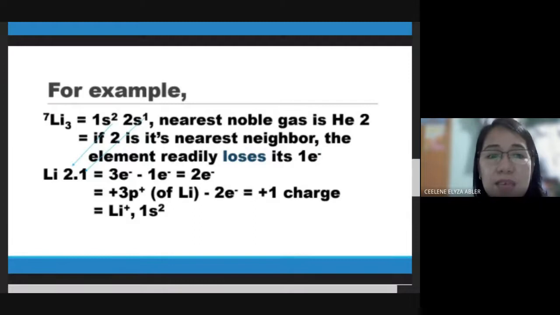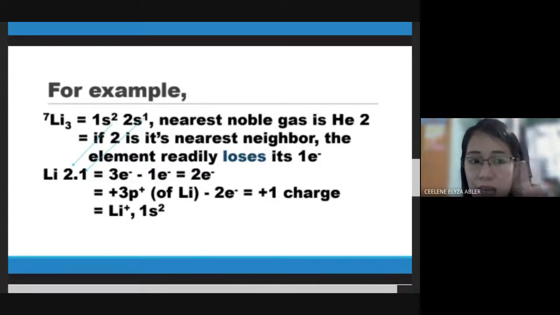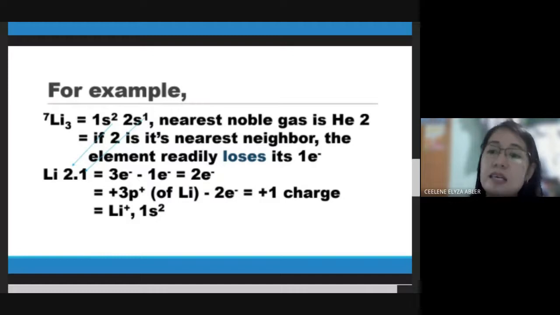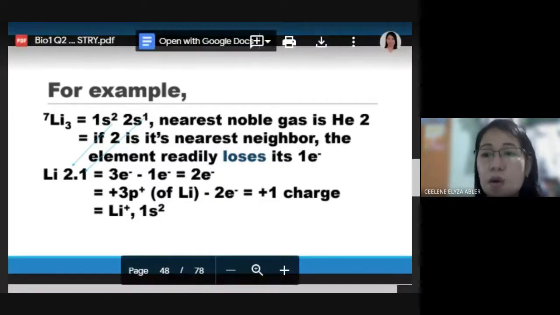So, we have here, because your helium here has atomic number of 2, that means meron siyang dalawang electrons. So, ang ibig sabihin, the extra one that lithium has is more likely given doon sa ibang mga elements to form another compound. Okay.